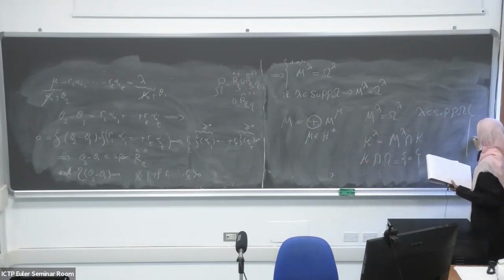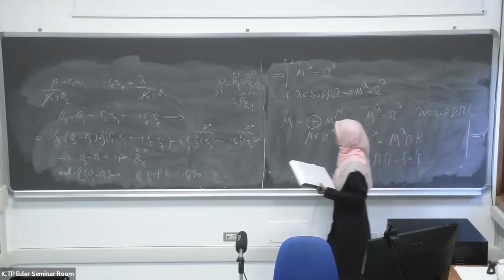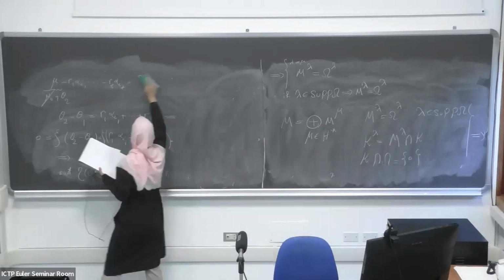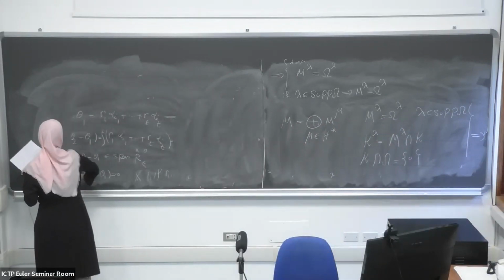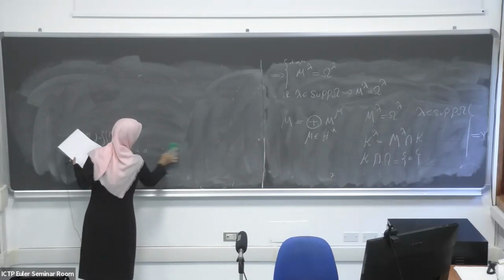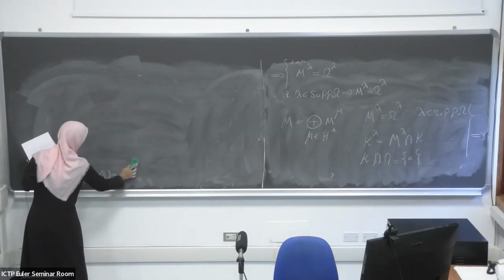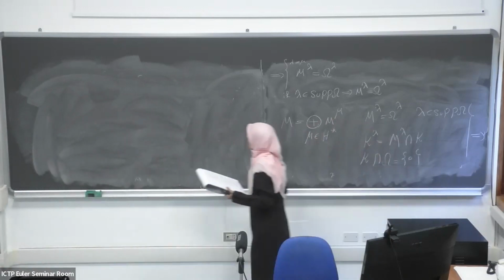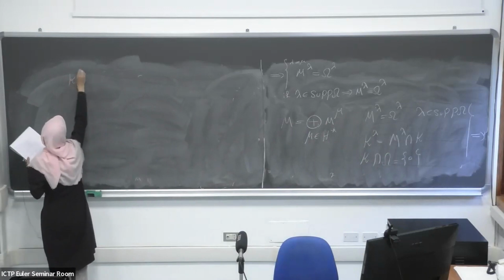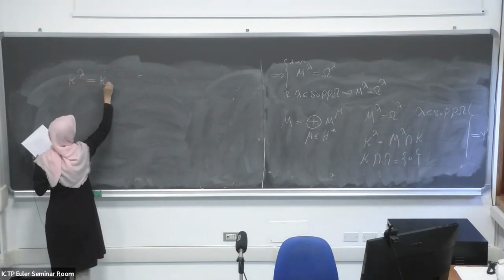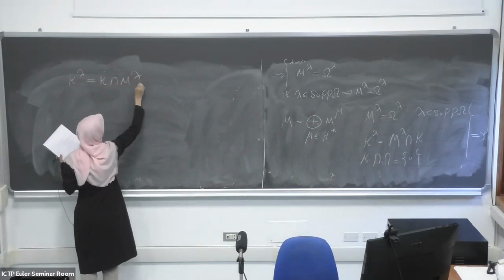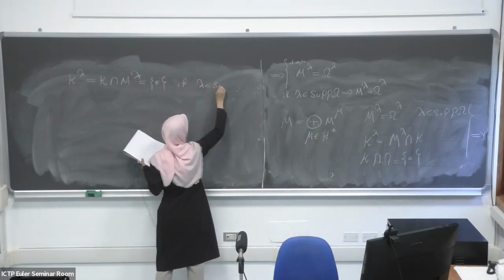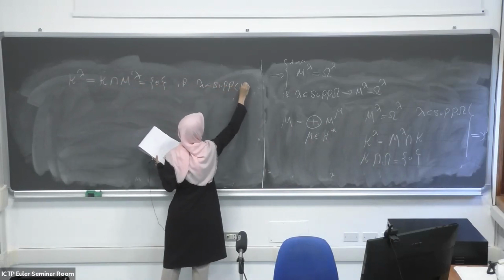So all of this together gives us that K lambda, which is K intersection M lambda, is 0 if lambda is an element of support omega.